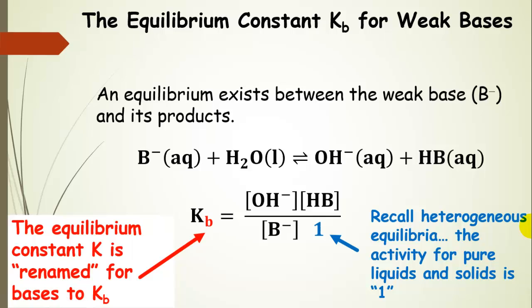And we're going to have an equilibrium constant expression, just like we did for the weak acid solution. So we're going to have products over reactants. We're going to remember that the activity for pure water is 1. And we're going to rename our equilibrium constant Kb for K base. Okay, so that's the base dissociation constant.